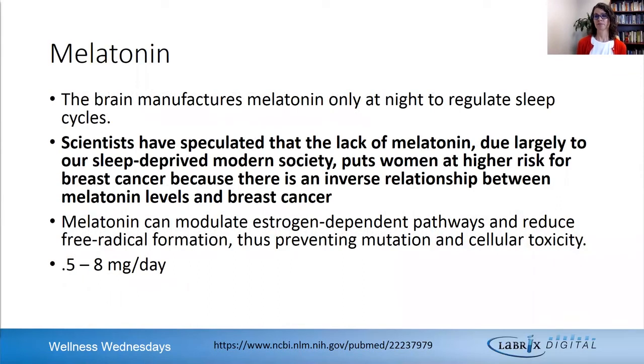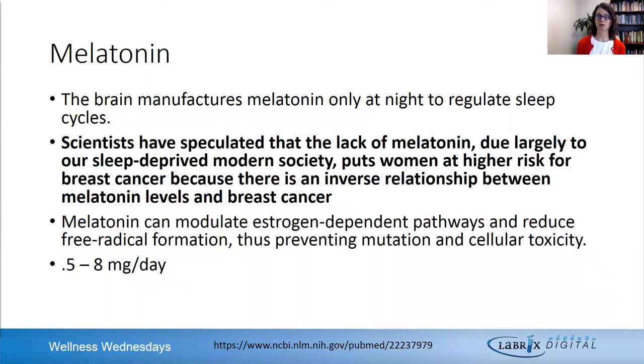Melatonin, the hormone that's released in the middle of the night, is manufactured only at night to regulate the sleep cycles. Scientists have speculated that the lack of melatonin, due largely to our sleep-deprived culture, puts women at higher risk of breast cancer because there's an inverse relationship between melatonin levels and breast cancer.